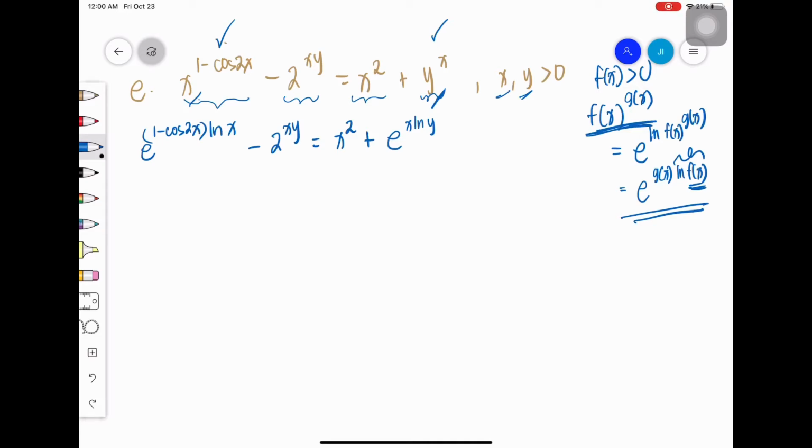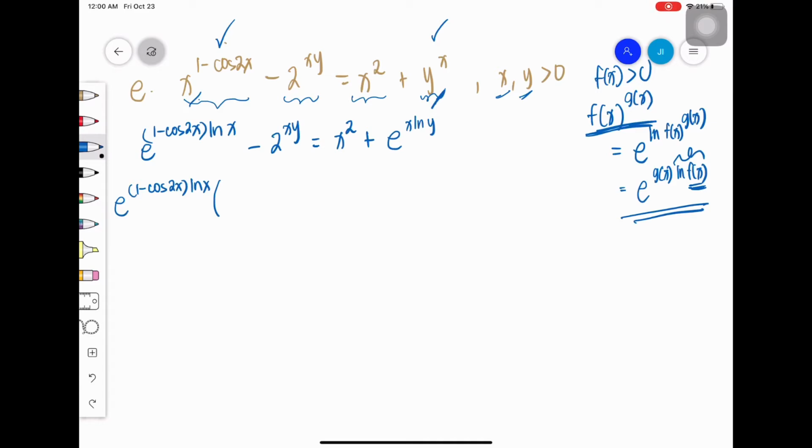For the first term, what's the derivative of e raised to something? It is itself multiplied to the derivative of its power, if the power is a function of x, tama? So for the first term, the derivative is itself, say e raised to 1 minus cosine 2x ln of x, tama ba? Multiplied to the derivative of its power.